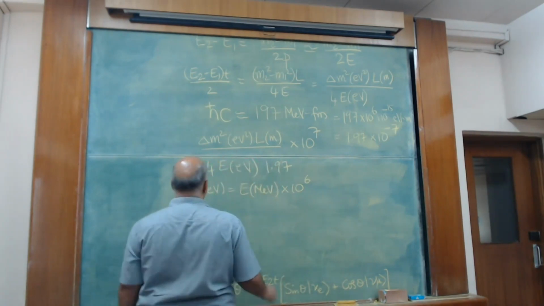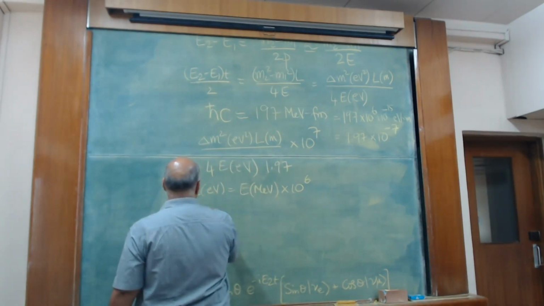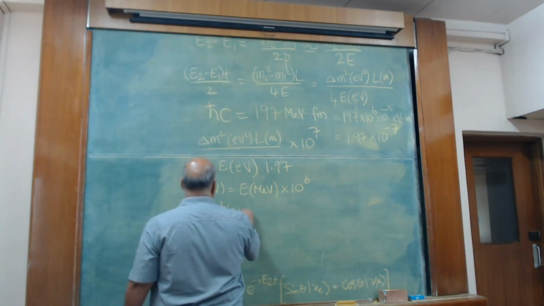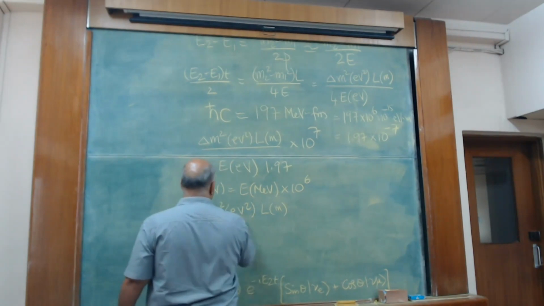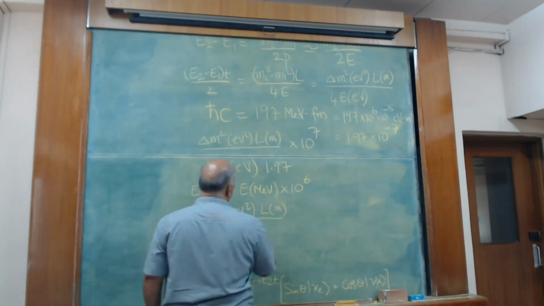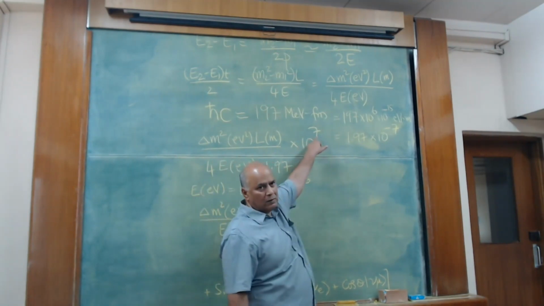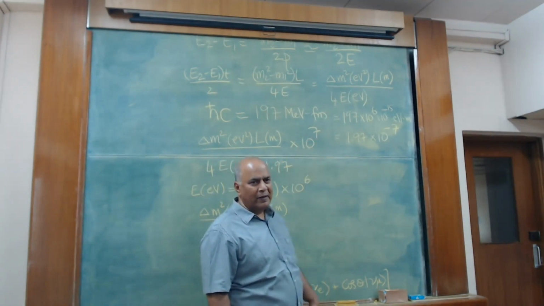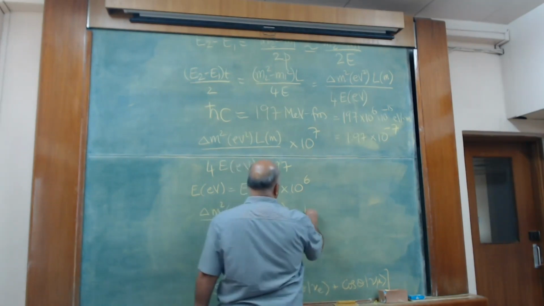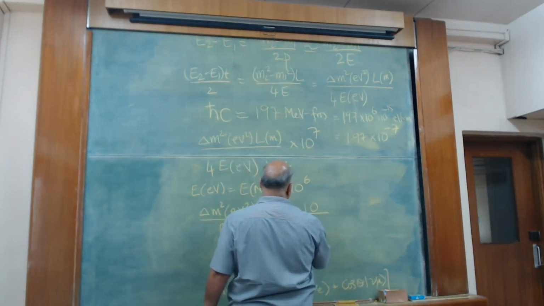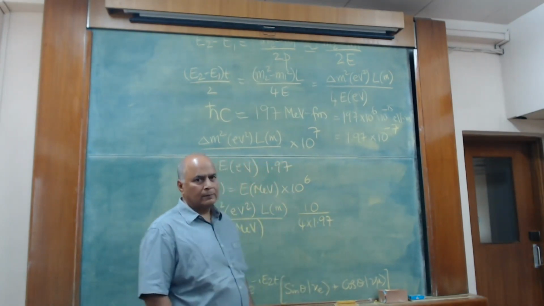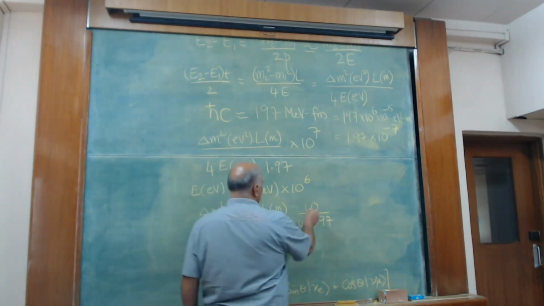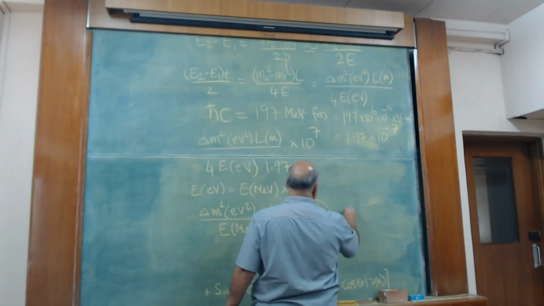So it means that I have this argument: delta m square in eV square, L in meters, by E in MeV. So this 10 to the power 6 and 10 to the power 7 cancel, leaving behind a 10. I have 10 divided by 4 into 1.97, which this number turns out to be.